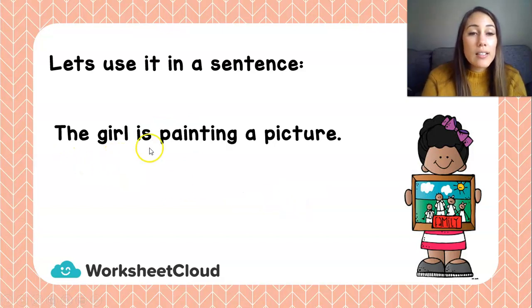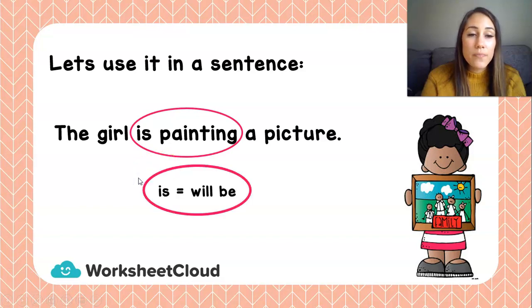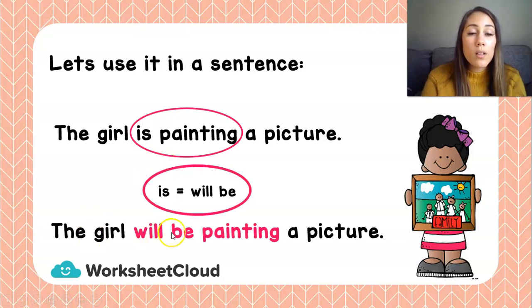The girl is painting a picture. So this is still busy happening. Remember we said the ing means that it continues to happen while we are speaking about it. So the girl is painting. Is, we said, becomes will be. So the girl will be painting a picture.